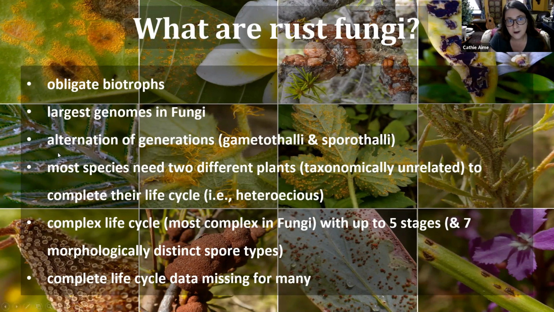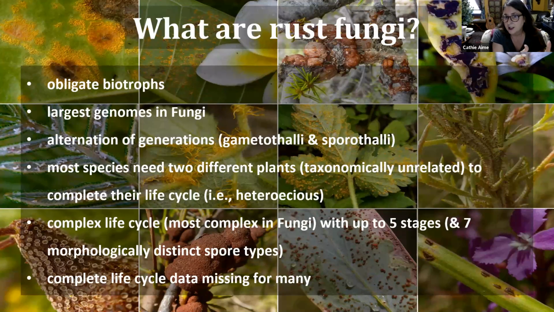Another feature of rust fungi that's really fascinating to me is that they undergo an alternation of generations, and they're one of the few fungi that do this. So they form two separate, distinct thalli. One is called a gametothallus and the other is called a sporothallus. You can think of it as two separate bodies that they produce at very different prescripted points of time in their life cycle.